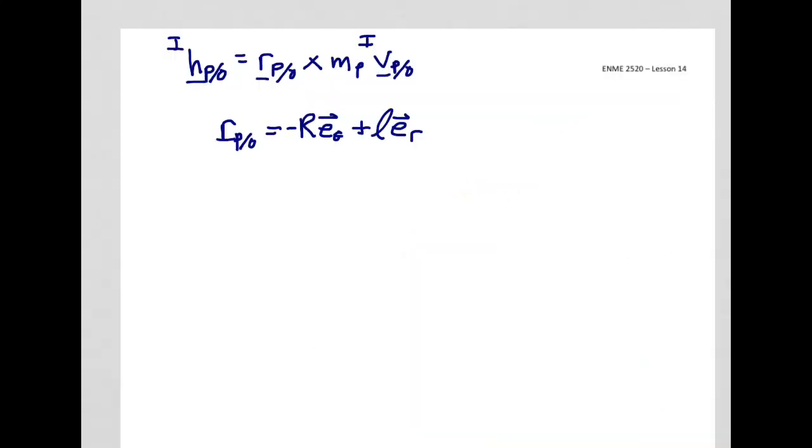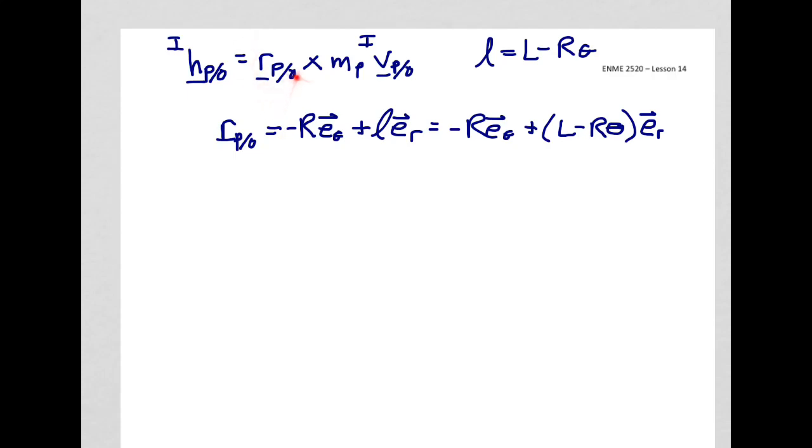And we've already stated that we have our constraint, L is equal to big L minus R theta. So let's just substitute that in. So we have negative R in the e theta direction plus big L minus R theta in the er direction. Alright, so we've got our position vector.